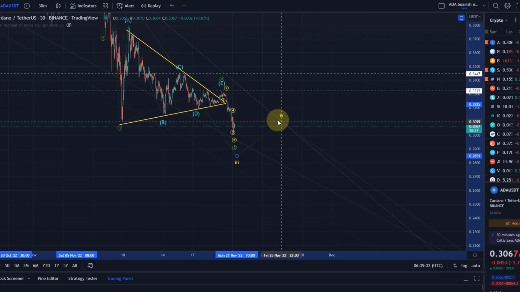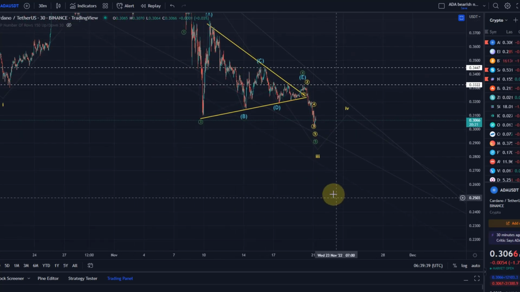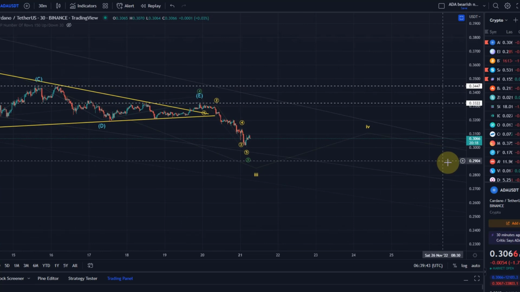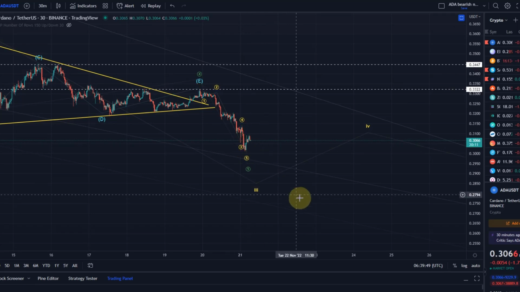So there should now be soon a wave 4 retracement, and then heading down further. I'm going to adjust that later, but it means we have certainly got 5 waves complete to the downside. There could be a bit of a recovery now. A drop below 30 cents would imminently continue the downtrend.